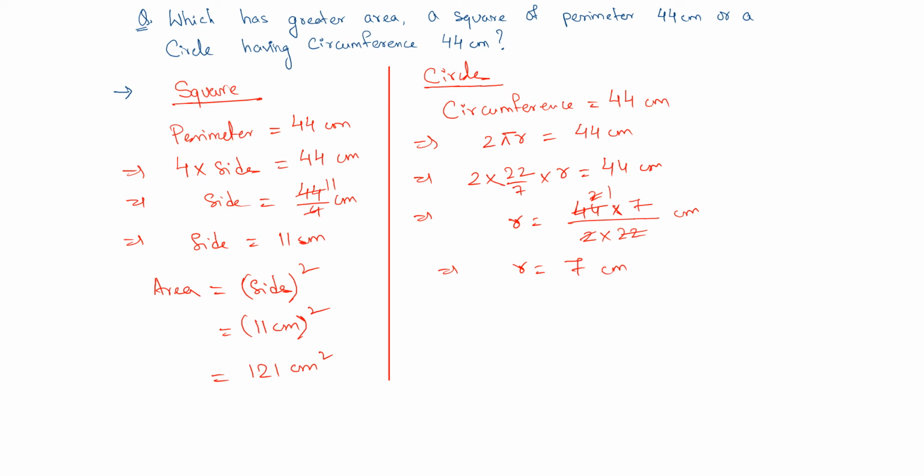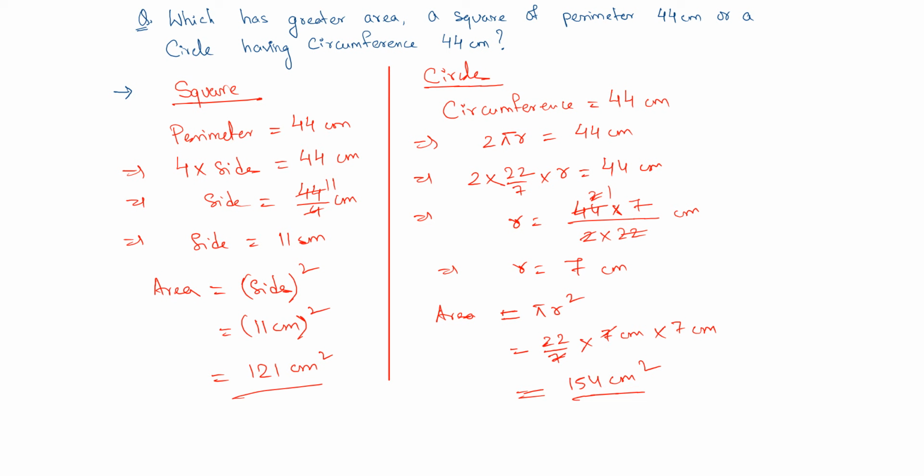Now we can easily find the area of the circle by using the formula. So area equals pi r square, that is 22 by 7 into 7 centimeter into 7 centimeter. So 7 got cut, and 7 into 22 gives 154 centimeter square. Now we have the area of both the square and the circle, and we can compare and see which has greater area.